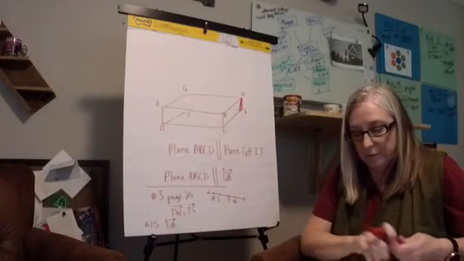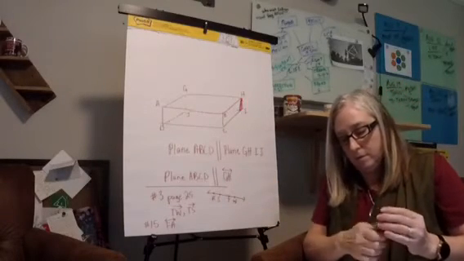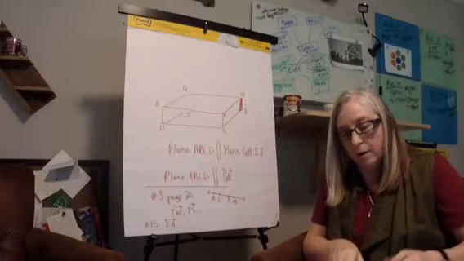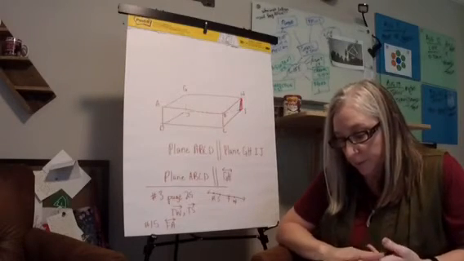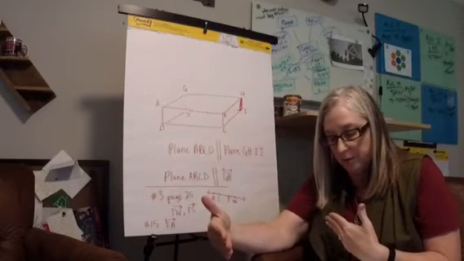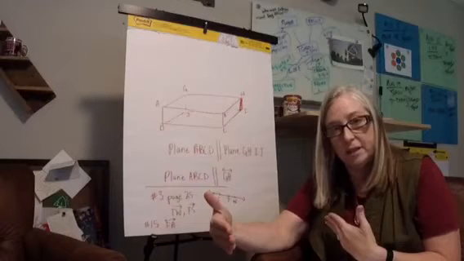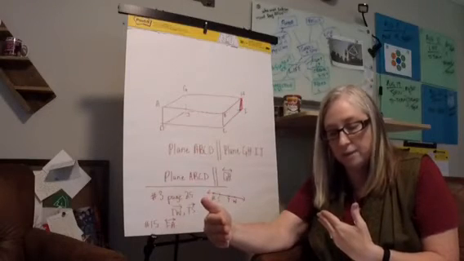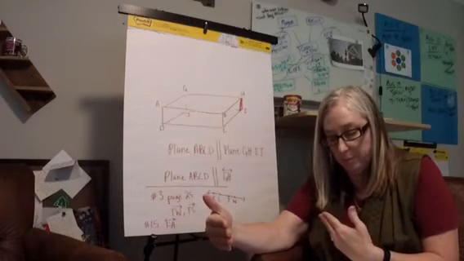I'm not going to write these down. Okay, so 1 pair of parallel planes would be the front face of the figure and the back face of the figure. So that would be plane PRUT and plane SQVW.